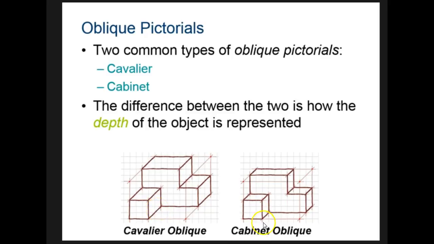In cabinet, we make this half as far back. And the difference is this, I could actually put a ruler on here and measure how long this piece is and know how long the real piece in real life is. Here I'd have to multiply times 2 to get it. However, this one looks like it's been stretched when we look at it because of the way we perceive two-dimensional drawings. So they both have kind of pros and cons to them.